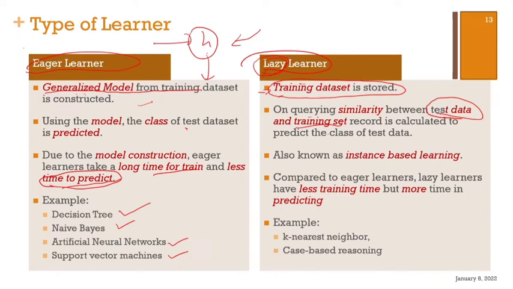And whenever you say, I have a test set, I need to test if a sample is this or that, then it will take that test sample and compare with the training set. Because the training set is already provided with the output: if you see someone with this attribute, that person is sick; if you see another person with this attribute, that person is not sick. So it will compare the new test sample with every data sample available in the training set to see who is similar to you.